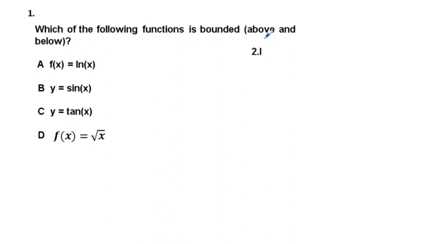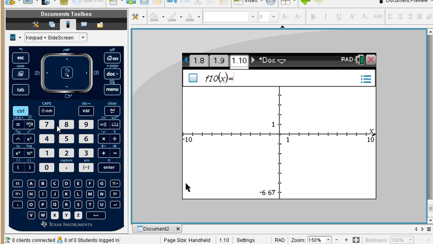Problem 1, which of the following functions is bounded above and below? So you're looking for a function that has an upper boundary and a lower boundary, beyond which, above or below, this function cannot be exceeded. If you know the basic parent functions, the answer would already be apparent. But if not, we type these in one at a time.